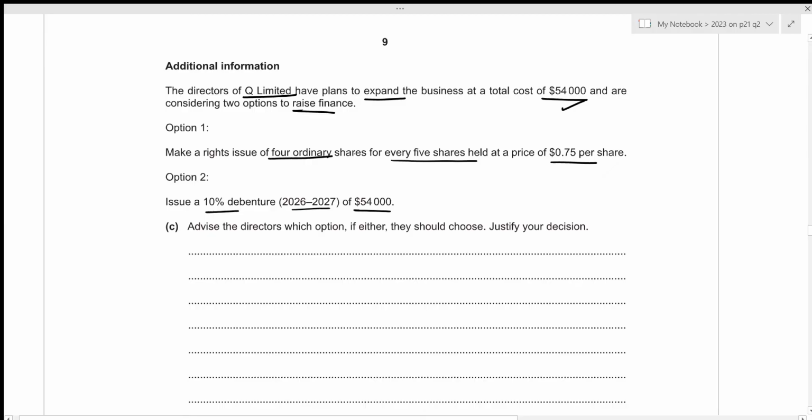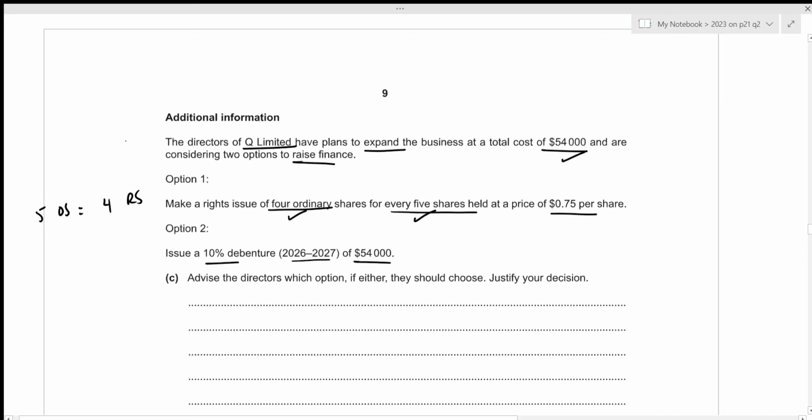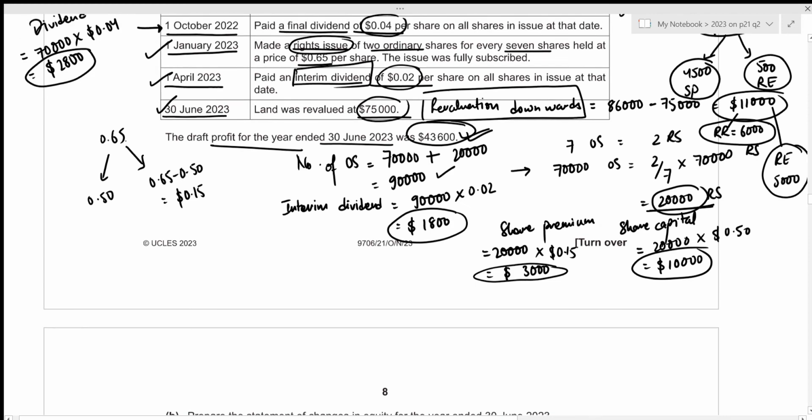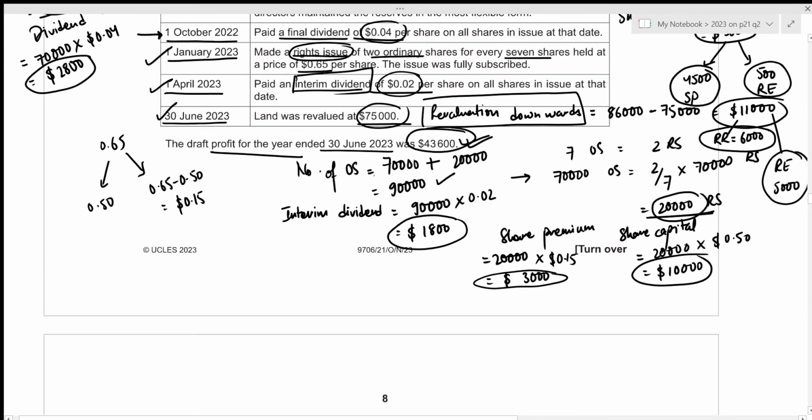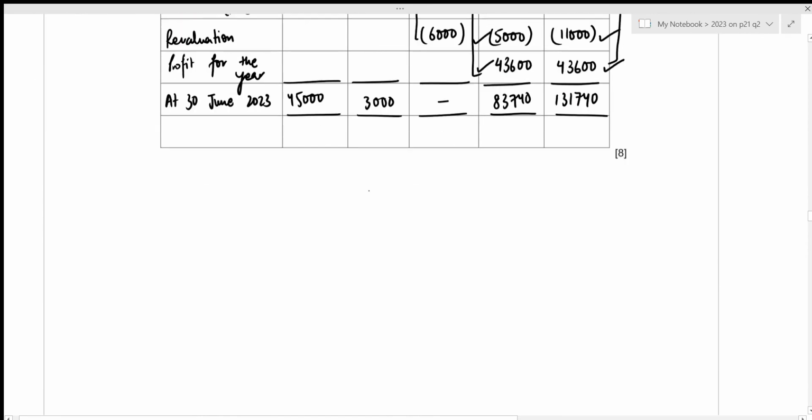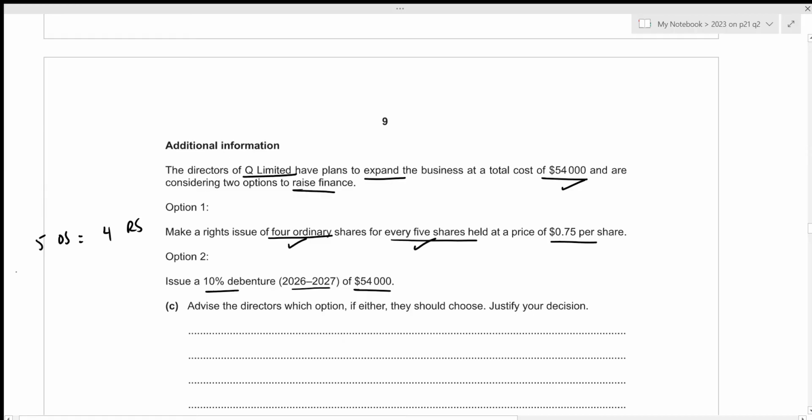So for option 1, our criteria is that for every 5 shares held, we are providing 4 rights shares. And remember, the total number of ordinary shares was 90,000. Again, we will be utilizing our unitary method. So for 90,000 ordinary shares, we need to provide 4 by 5 times 90,000 rights shares, which will be 72,000 rights shares.